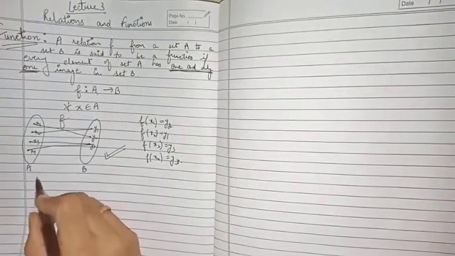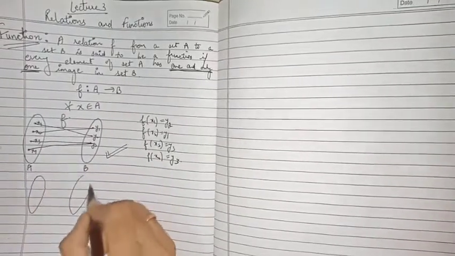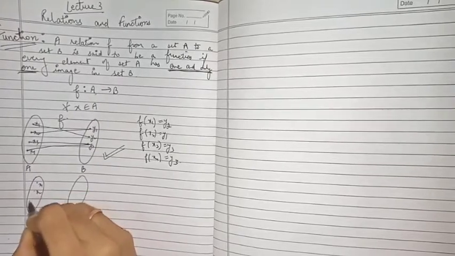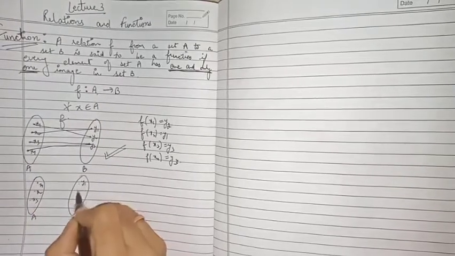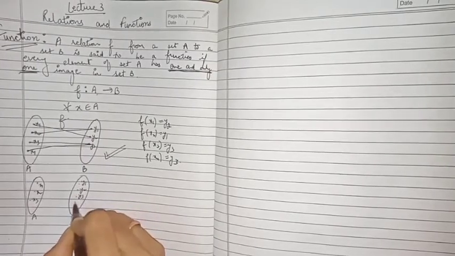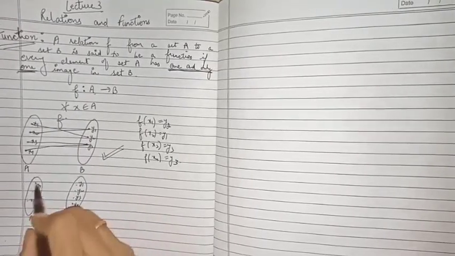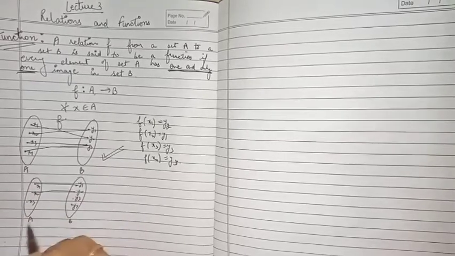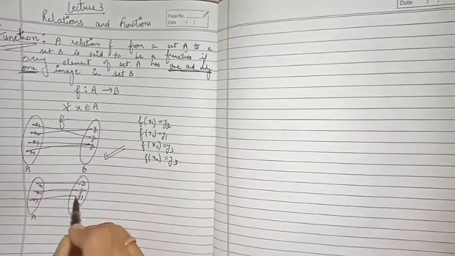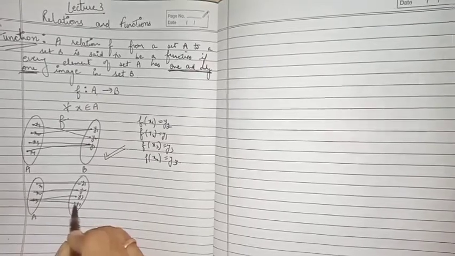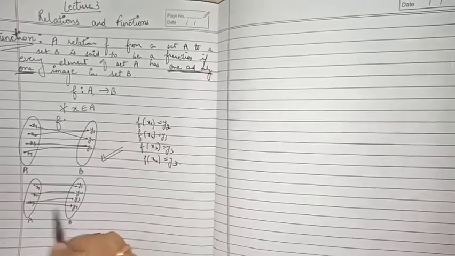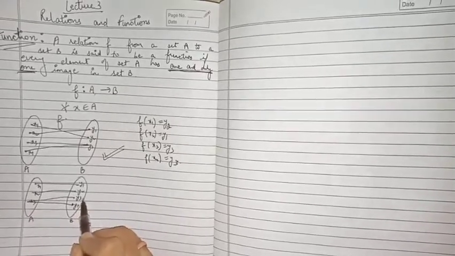But if I say this is my A set, this is my B set, here it is x1, x2, x3, here it is y1, y2, y3 and y4. If I say the image of x1 is y1, the image of x2 is y2, the image of x3 is y3, and the image of x3 is y4, this means that x3 has two images, y3 as well as y4.